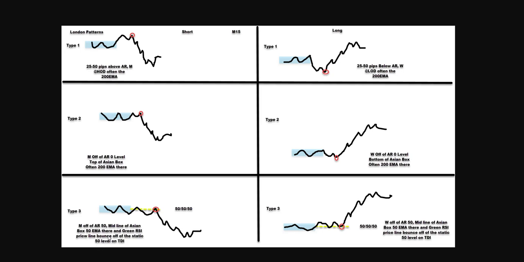So the TDI, the Asian range, and the 50 EMA also floating across the Asian range there. Call it water running through Asia. And then for the buy setup, we'd look for the Asian range, the 50 EMA floating through it, the 50% line, a W off of that being respected, and also the TDI around the 50 level as well.